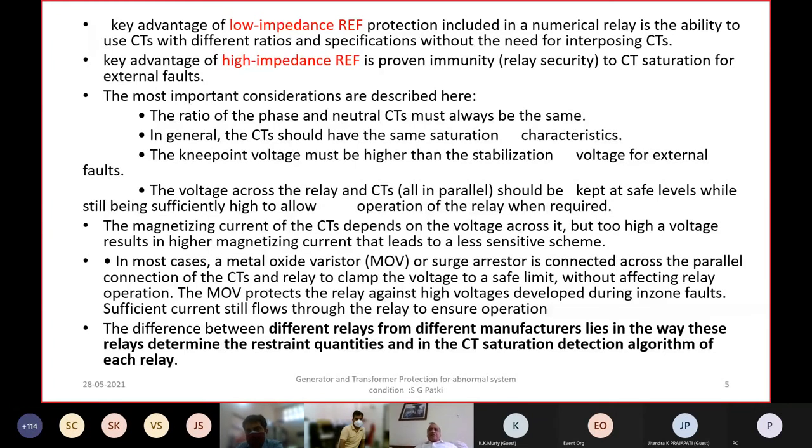So the earlier trend was to have the restricted earth fault relay as a high impedance relay, but now in the modern numerical relay, you can have restricted earth fault with a low impedance percentage bias scheme, thereby reducing the stringent requirement of the CT.